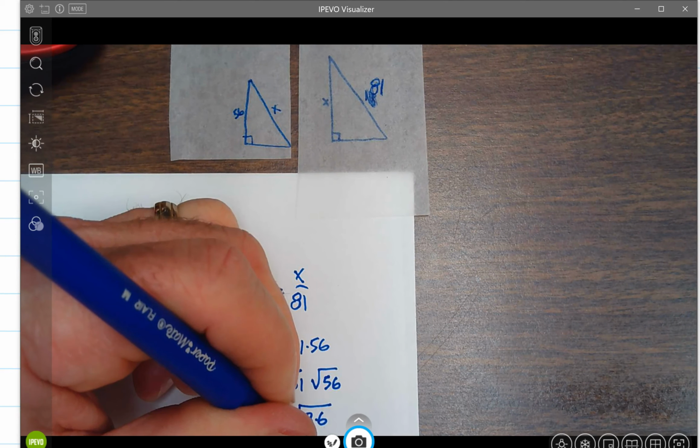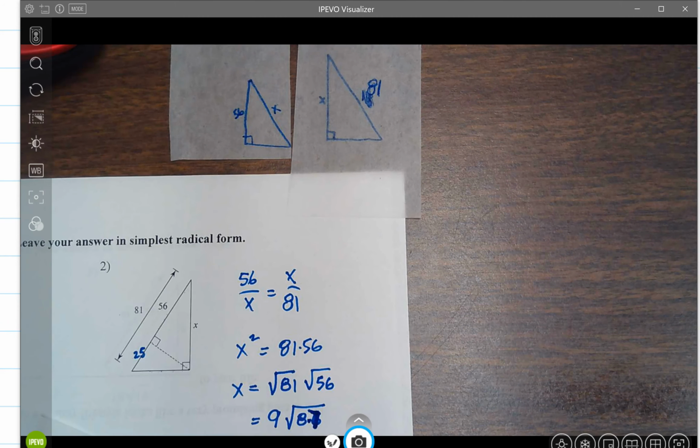And so we have 4 times 2 times 7, the square root of 4 is 2. So now we have 9 times 2 times 2 times 7 is 14. And so our answer then is x equals 18 root 14.